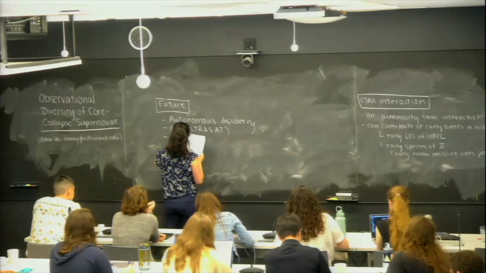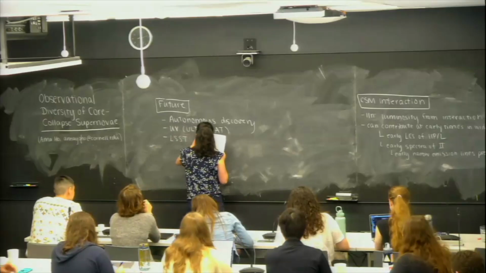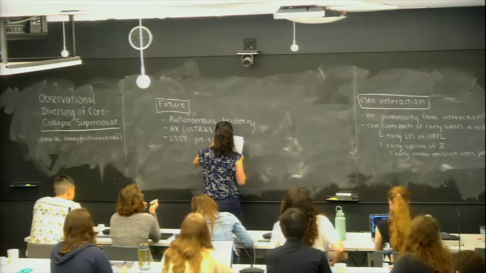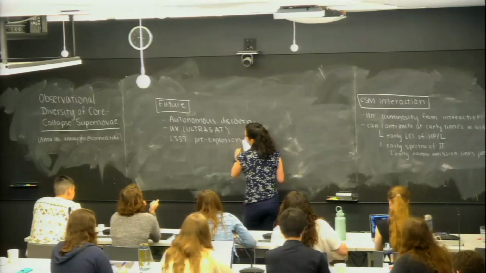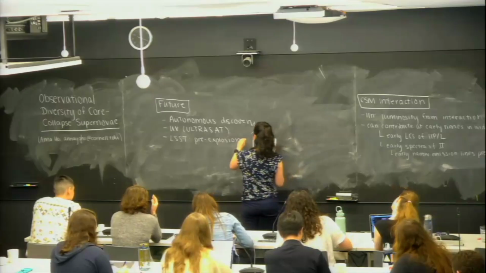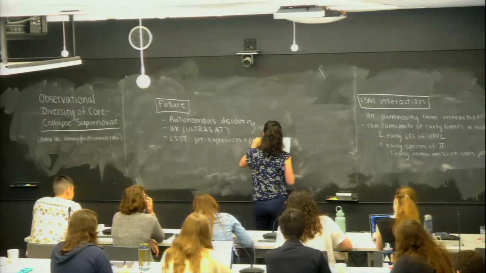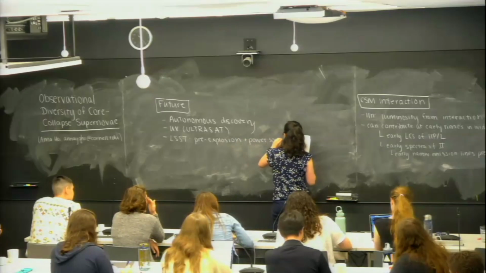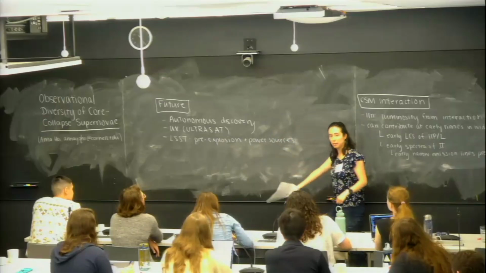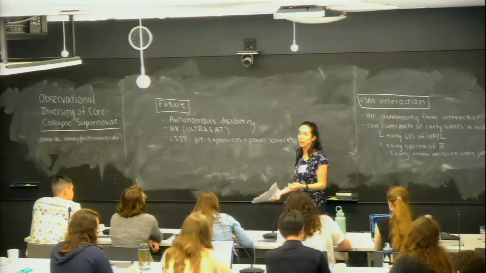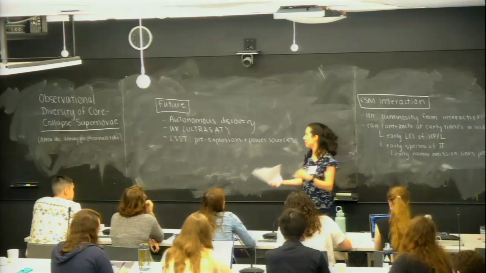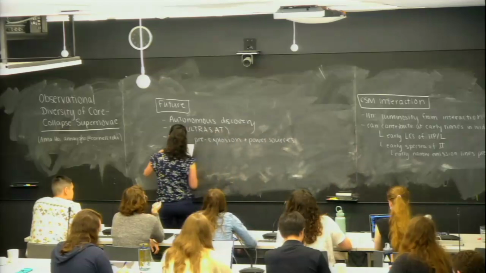Right, so of course LSST, that's what we're here for. I think many people are excited about what it will teach us about the pre-explosion activities of stars and also about their power sources, because we have struggled to follow light curves for a long time when they become faint. And that's what you need to do to figure out, was this nickel, was this accretion, was this magnetar?